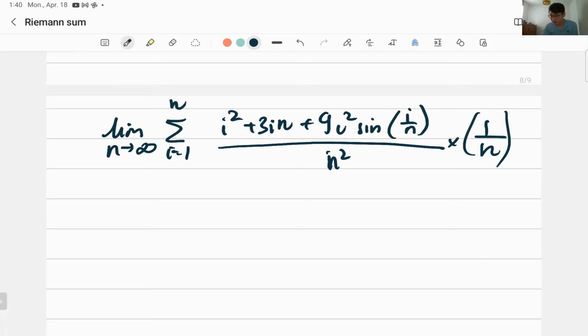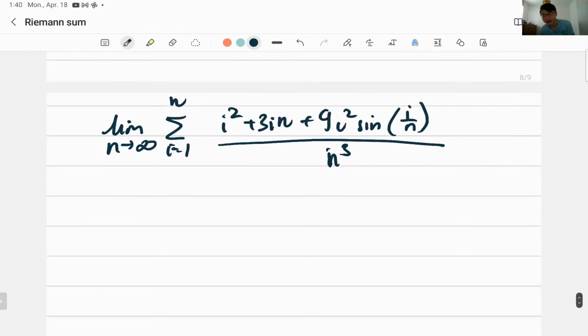Of course, in real life, in university, they will not write it there; they let us figure it out by ourselves. But here it's nice enough to let me know that this is the width of the rectangle.